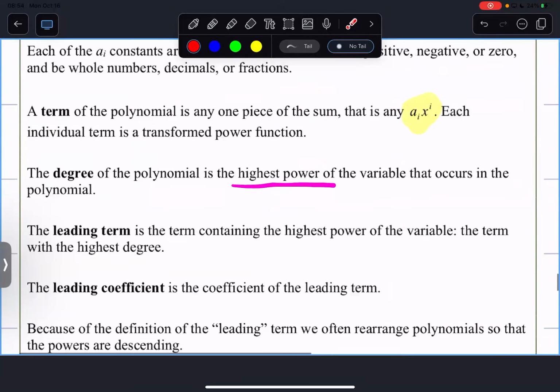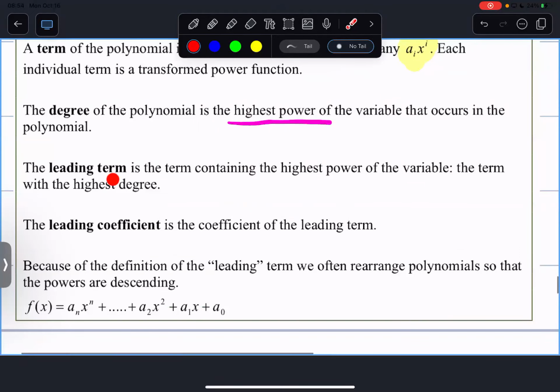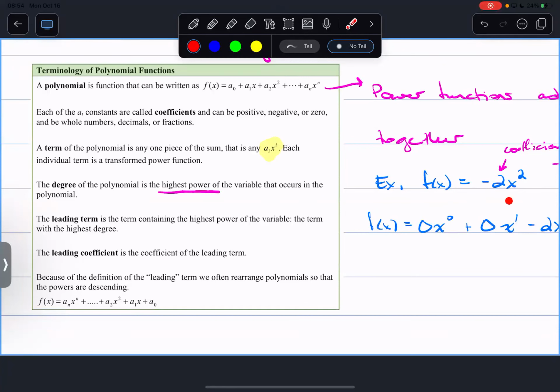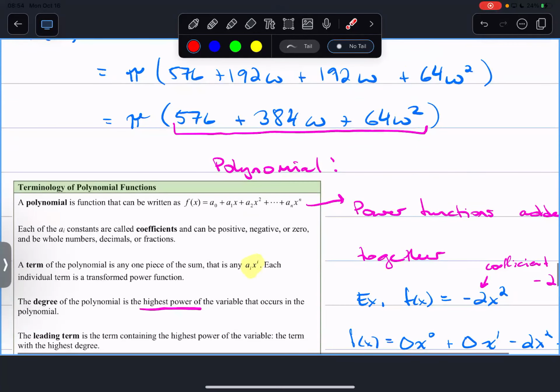Now, the leading term, remember the terms are the individual power functions that are linked together in the polynomial. Now, the leading term is the term that contains the highest power. Okay? Well, this one's super boring. There's only one term, so it's also the leading term, okay? -2x squared. What about here? The leading term would be 64w squared, right?